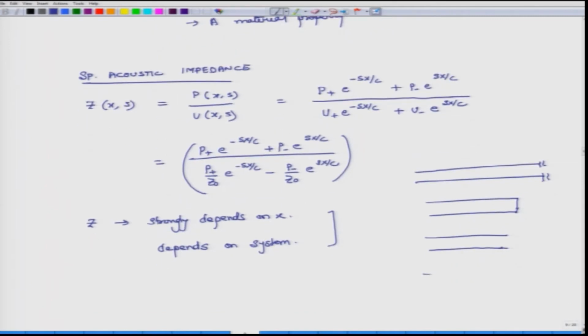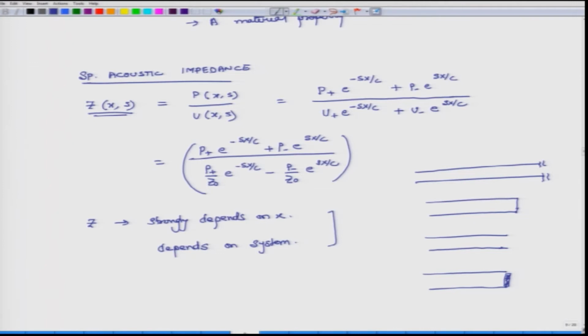You may have a fourth tube which is not rigidly closed, but closed by some sound absorbing material, which absorbs sound partially, and in that case Z of x may again change. So, Z of x and s changes with respect to x, and the exact nature of the function depends on what kind of a system we have in place, and it changes from system to system.